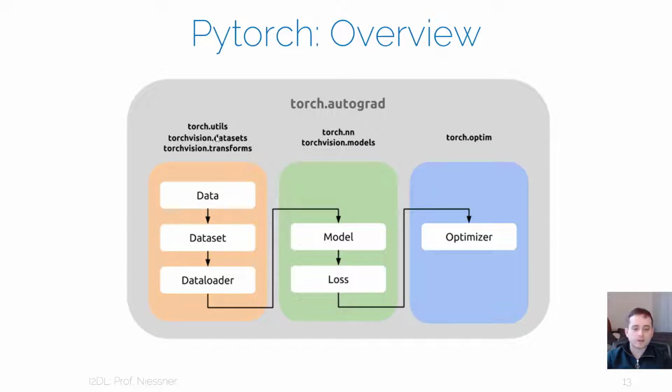They have all the functions that you need to load data and do transformations on images and so on. Then for the model and the loss functions, you have everything you need here. And for optimizers, to solve for the model parameters, you have torch.optim that has all the algorithms you will need for optimization of neural networks.